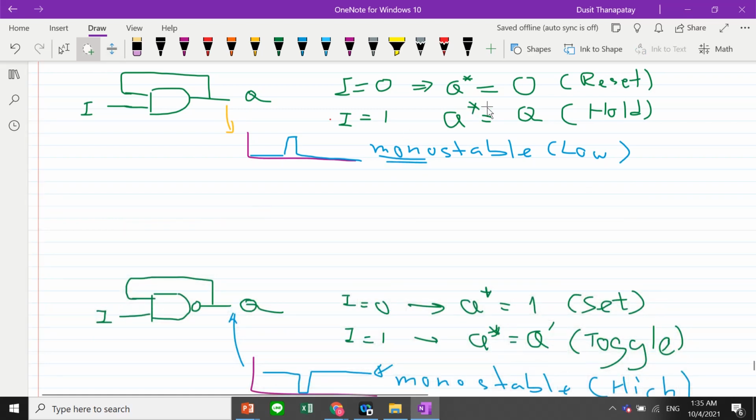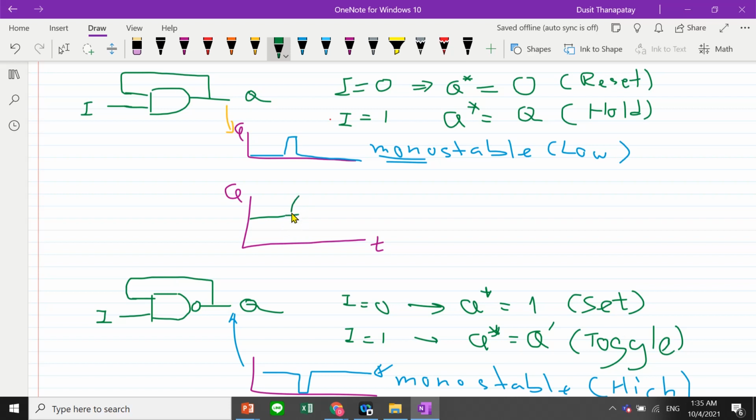Okay, in this case, draw some diagram. Okay, the timing of Q. If the previous value of Q is low, it continues to be low, right?